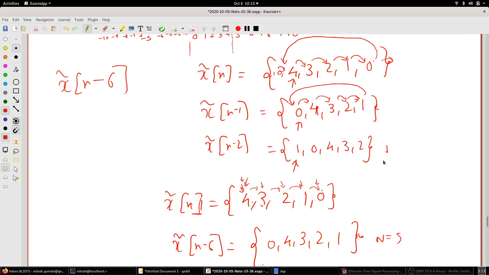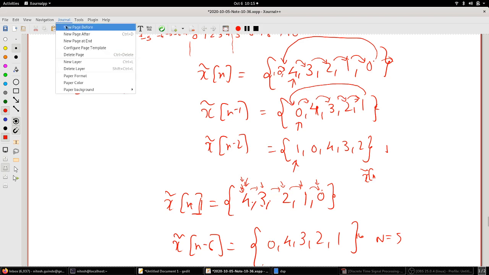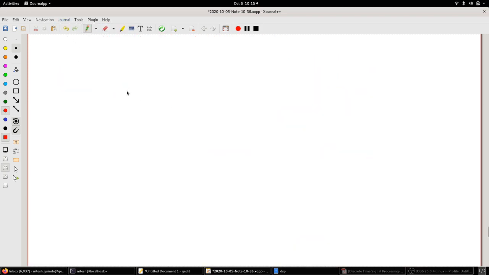But pictorially, what is happening is, you had x tilde of n, let me just use another page.